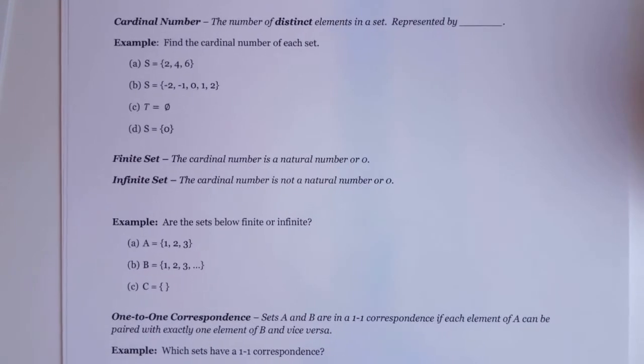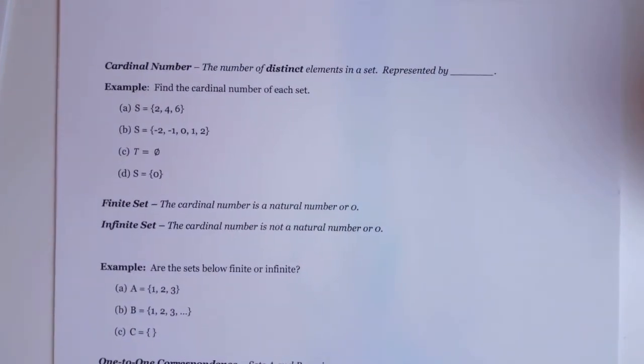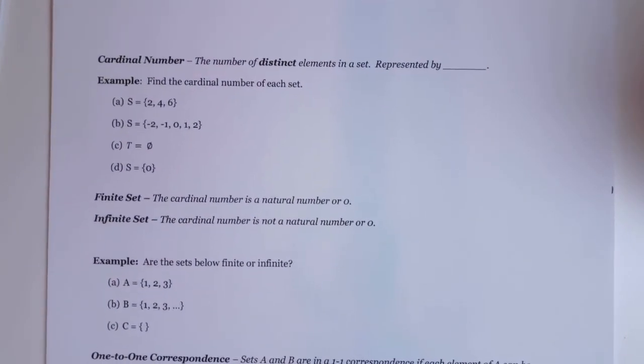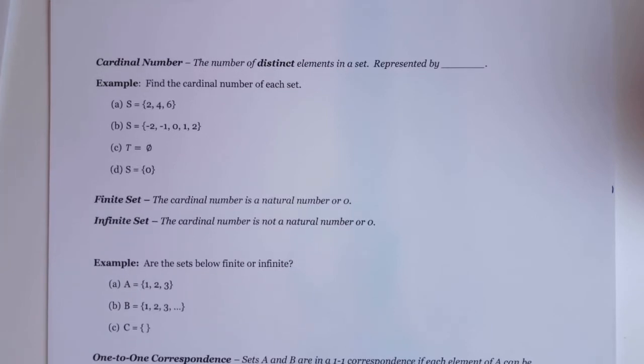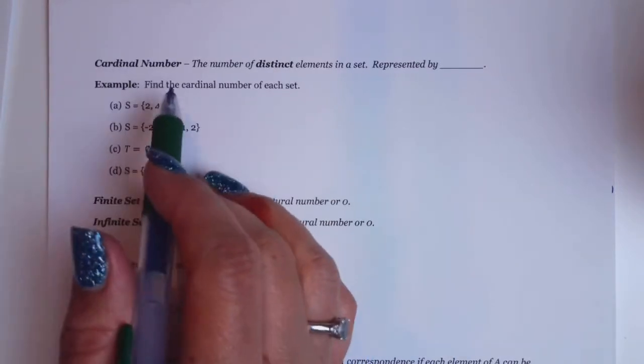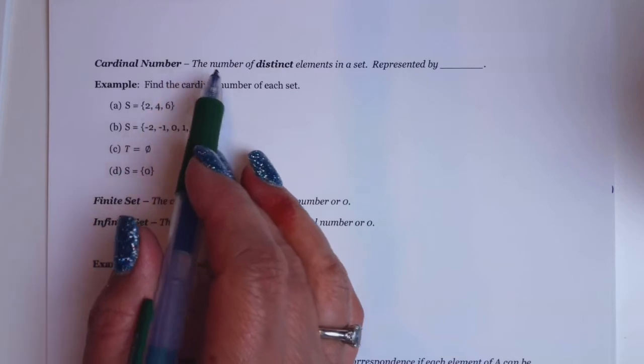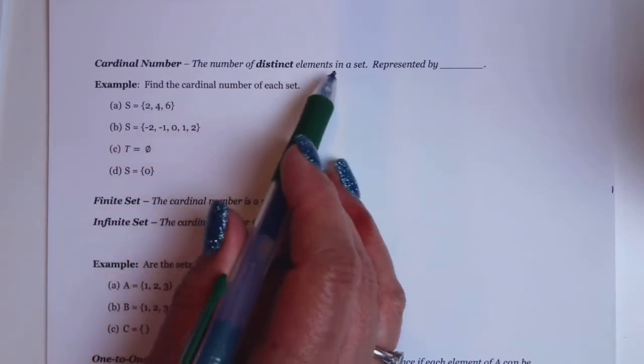Okay, so let's move on to page 3 here. We have another definition. Make sure that you memorize these definitions because you will need them, and it will be easier to do your assignments and everything. So, cardinal number: the number of distinct elements in a set.